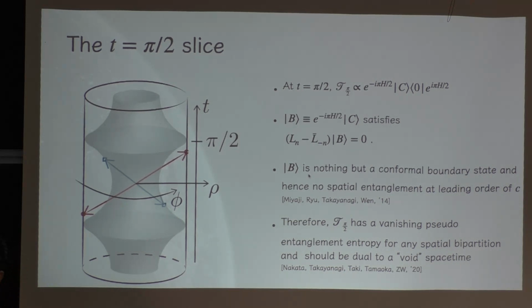There's a very special feature of a conformal boundary state, which is that it does not include any spatial entanglement in it. Which means that if you look at the spatial bipartition of the boundary state, the entanglement is just 0 at leading order.